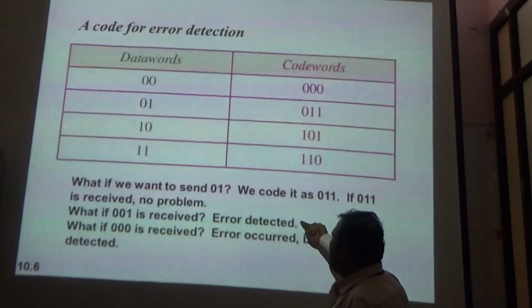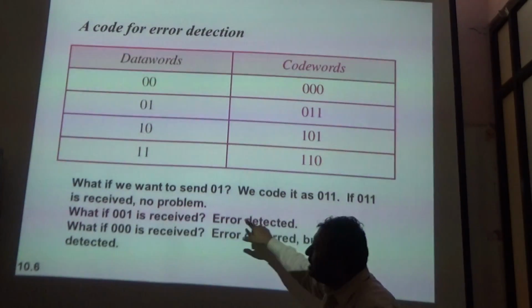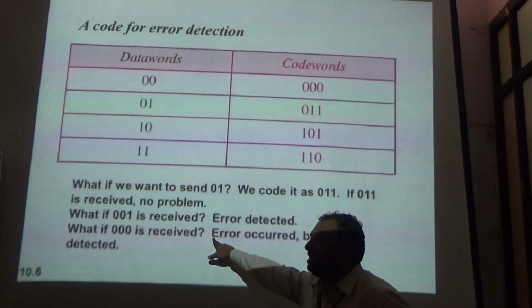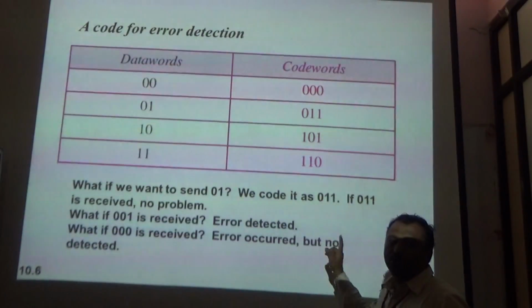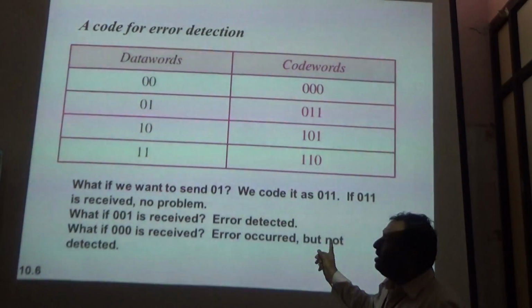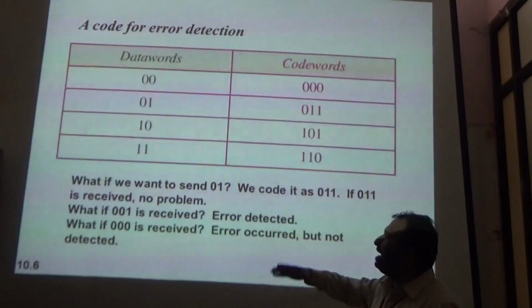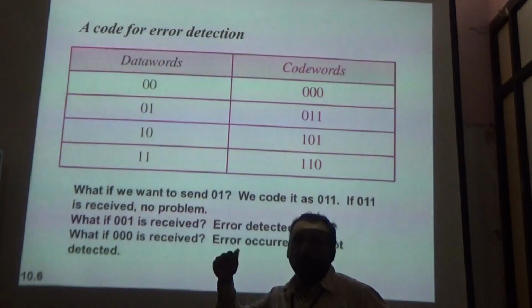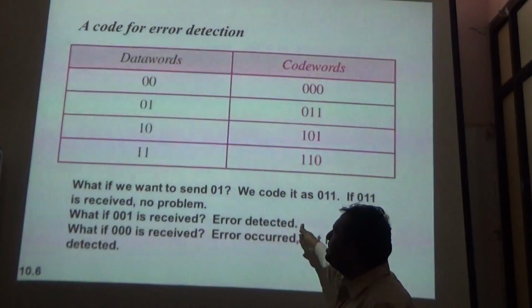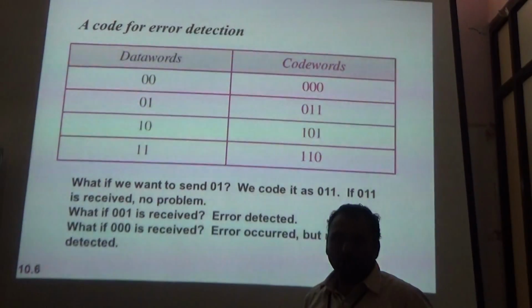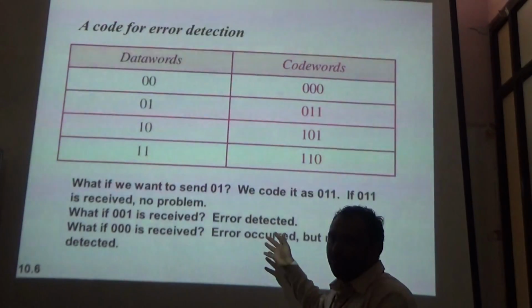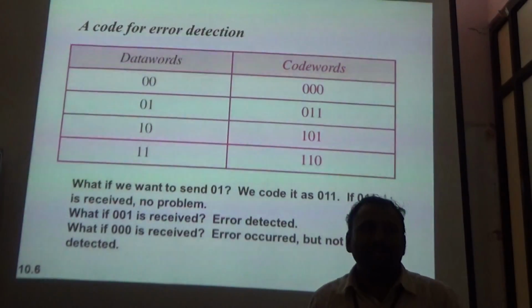Single bit error is easily detected. But if a 2-bit error is generated, we may not be in a position to detect that particular error, and even though the error is there, the data is received as 0, 0, which is wrong. Got it? So this is the way we go for the coding of the data, one example where we have added a 1-bit redundancy to it.